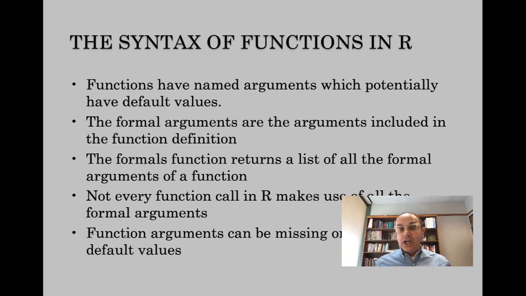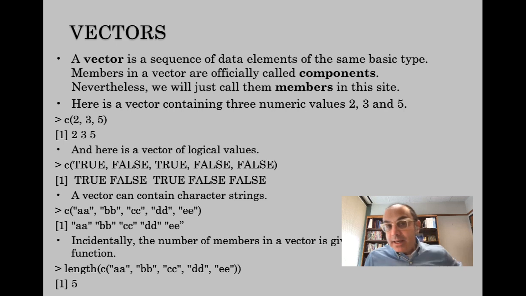Not every function call in R makes use of all the formal arguments. Function arguments can be missing or might have a default value. That's something that we need to address.